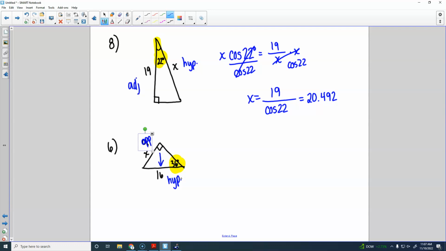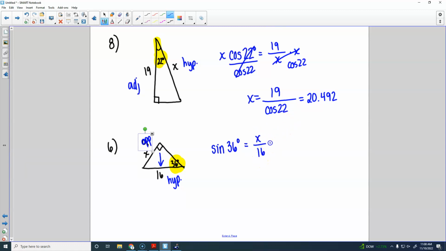So with opposite and hypotenuse, what trig function do I need to use? Sine. So I will do sine of your angle goes here, and that is going to equal opposite, which is x, over hypotenuse, which is 16. So they're actually a little bit easier to solve if your variable is in the top of that fraction, because this is x divided by 16.